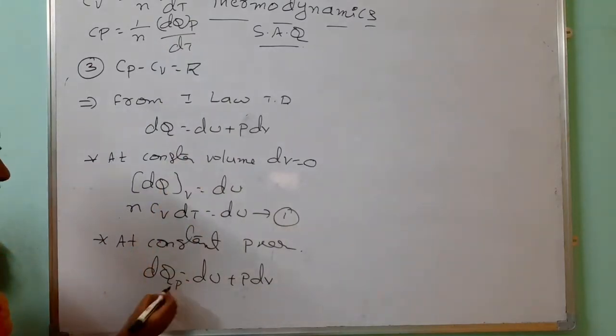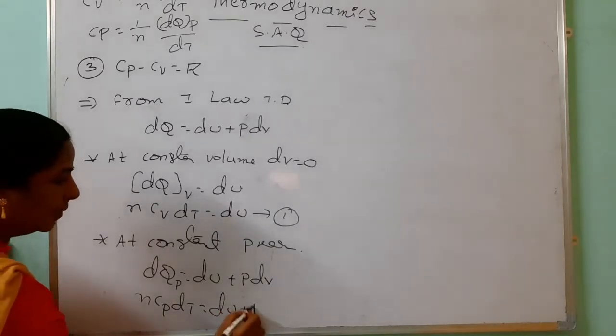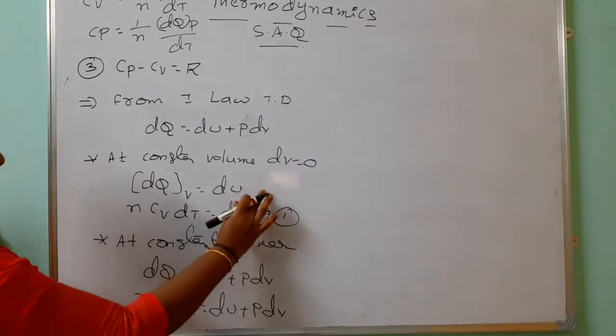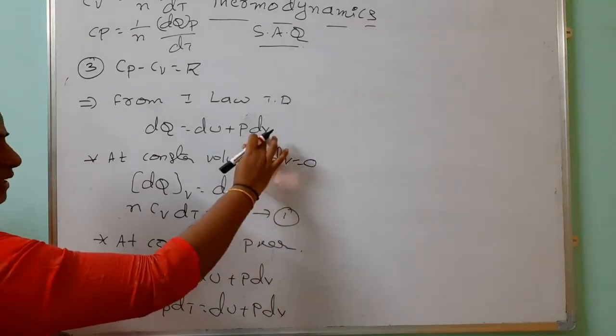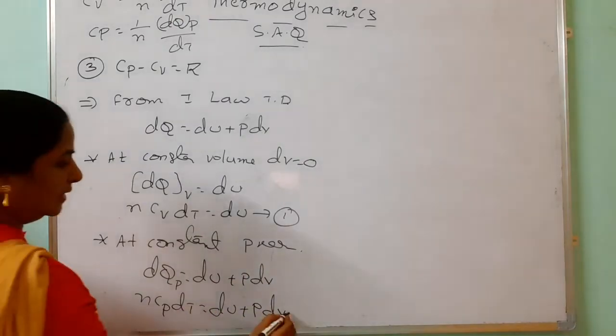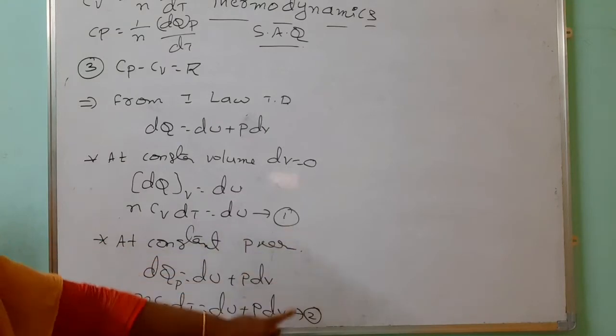So we can write n Cp dt equals du plus pressure into change in volume. Try to understand here: at constant volume there is no work done, that's why this term becomes 0. But here work done is there, that's why we get this expression. This is equation number 1 and 2. Look here, this is 1 and this is 2.